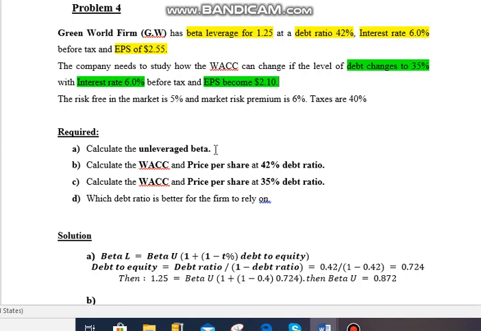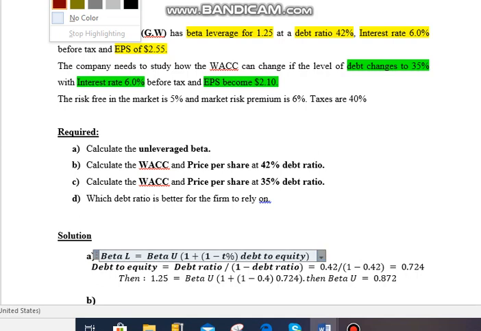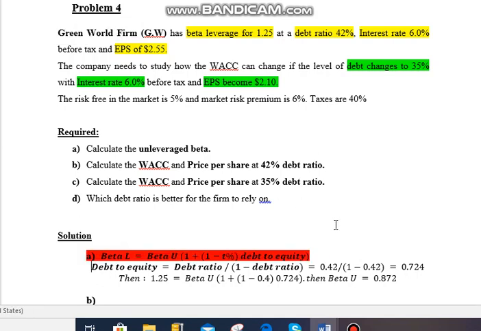How can we calculate the unlevered beta? We refer to the formula: levered beta equals unlevered beta times 1 plus (1 minus tax rate) multiplied by the debt to equity ratio. According to the current debt ratio of 42% with a levered beta of 1.25, we can get the debt to equity.